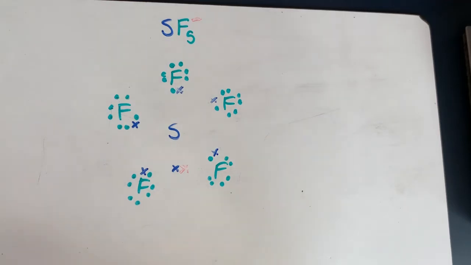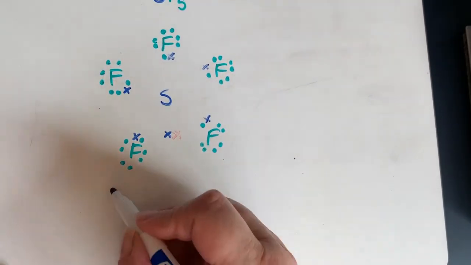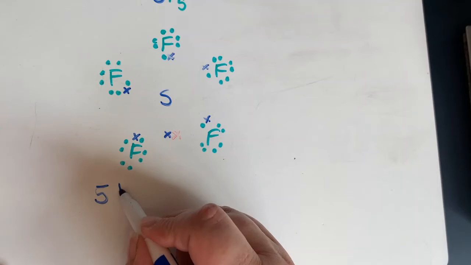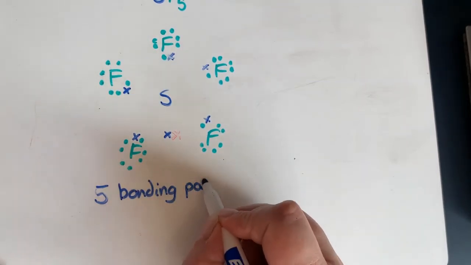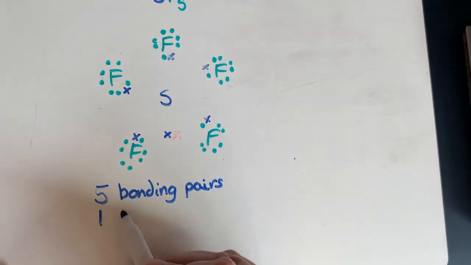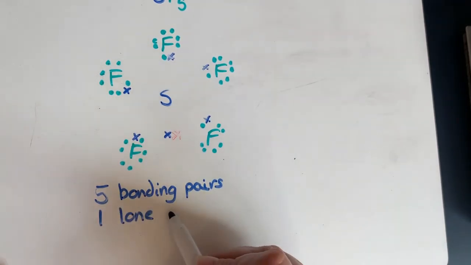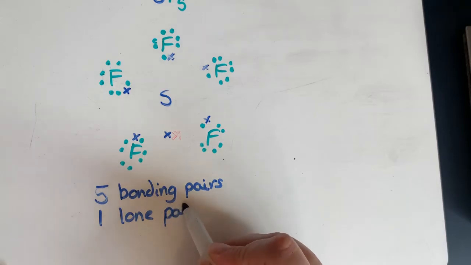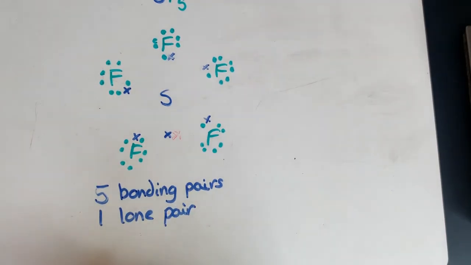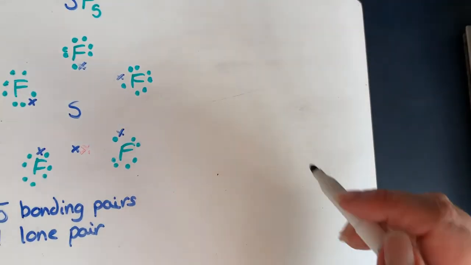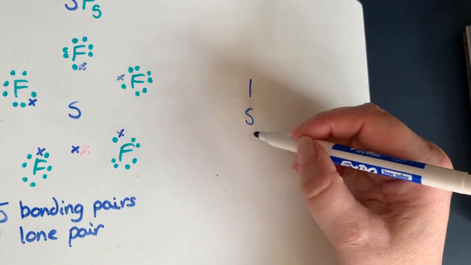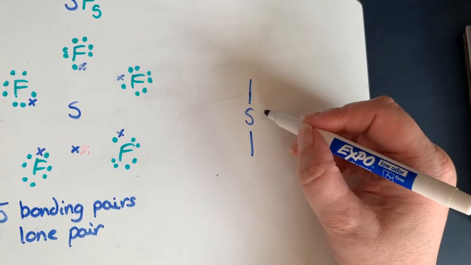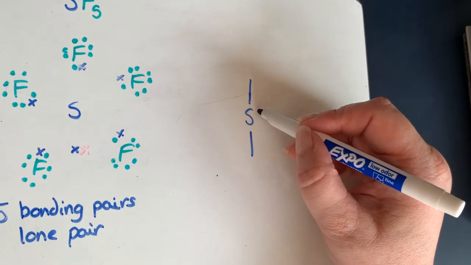So what we've now got with our sulphur is 5 bonding pairs and 1 lone pair of electrons, which means that we've got 6 pairs of electrons round about our sulphur.